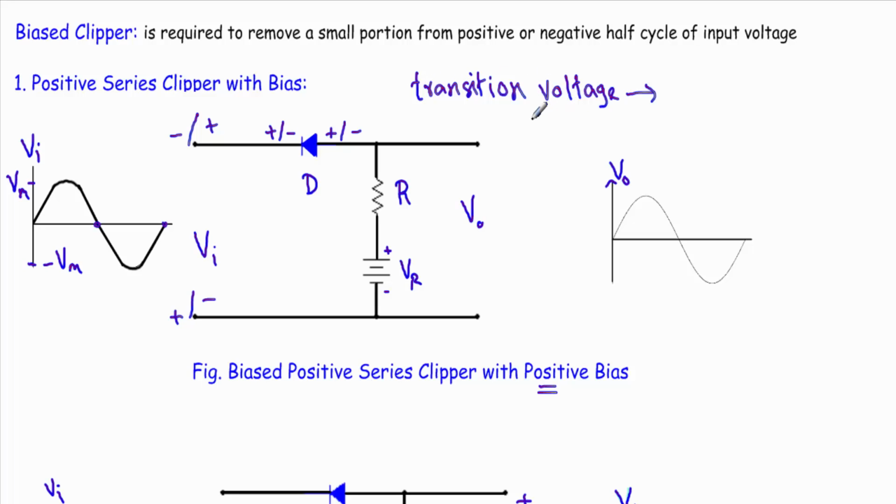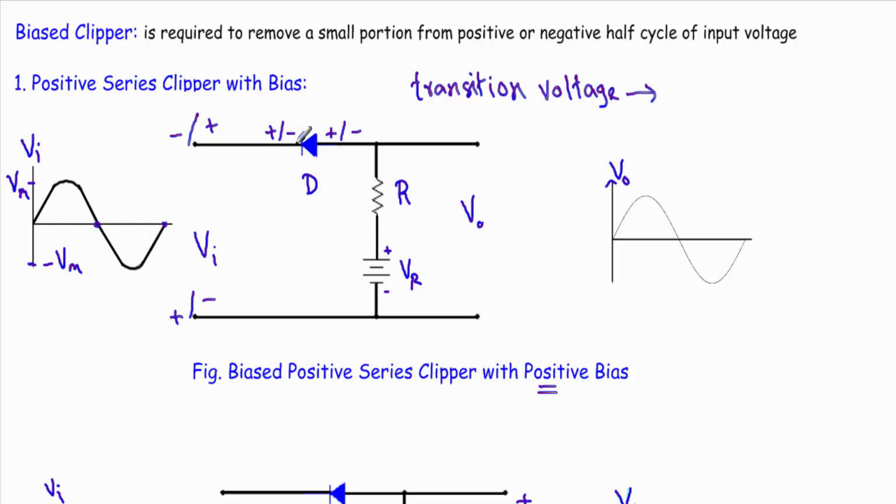Okay, so what is this transition voltage? The transition voltage is that amount of input voltage for which the effect of this input voltage and the effect of this reference voltage will be equal to 0. That means here the input voltage is trying to drive the diode in reverse bias, and this reference voltage is trying to drive the diode in forward bias.